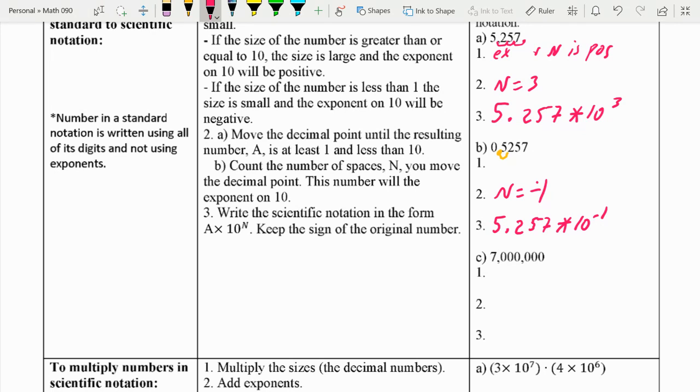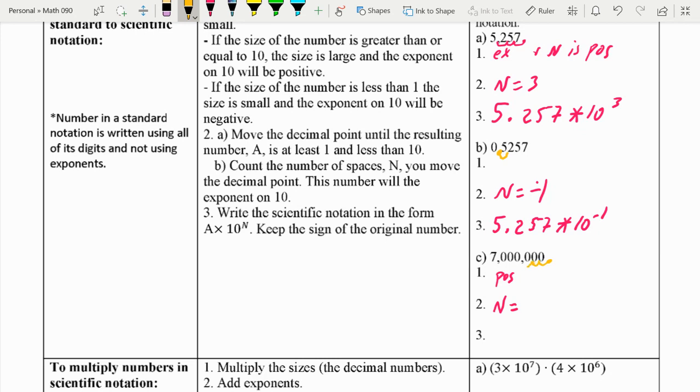All right. So for C, is the exponent going to be positive or negative? Well, in this case, it's going to be positive because 7 million is way bigger than 10. So we know the exponent is going to be positive. Well, what is the exponent going to equal? Again, remember, my decimal is way over here at the end.